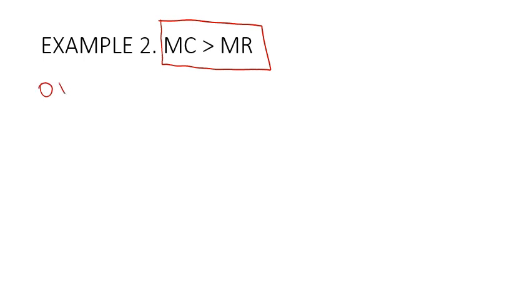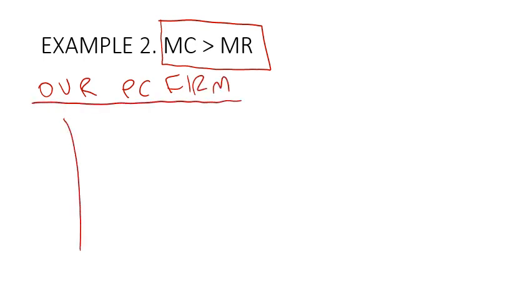So again, our pure competition firm. Per unit values on the y-axis, and the x-axis quantity. Again, this quantity only applies to our firm.